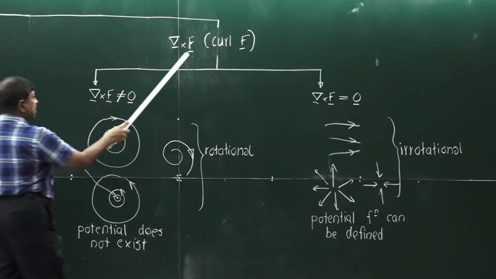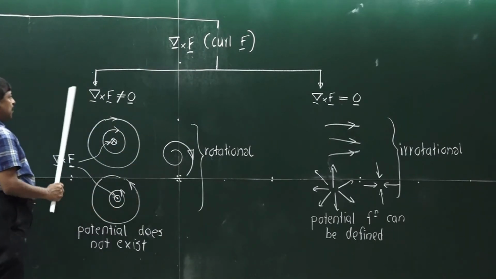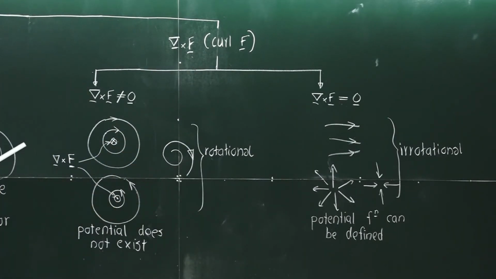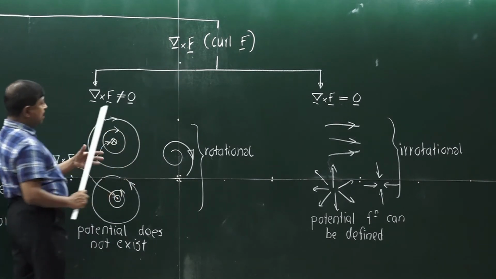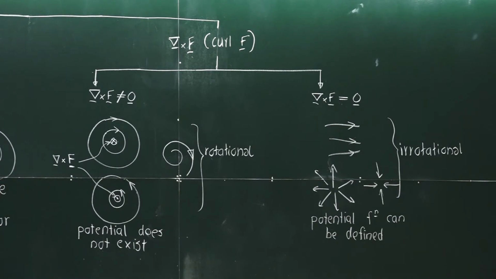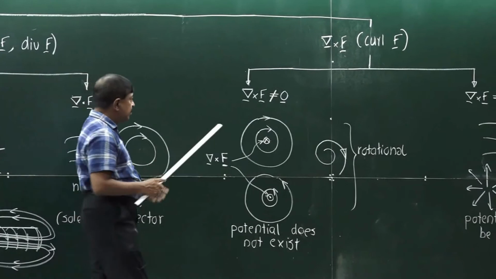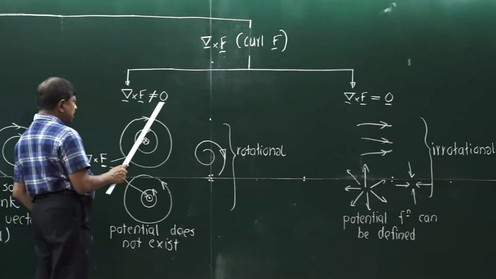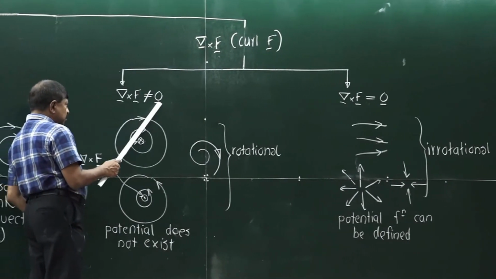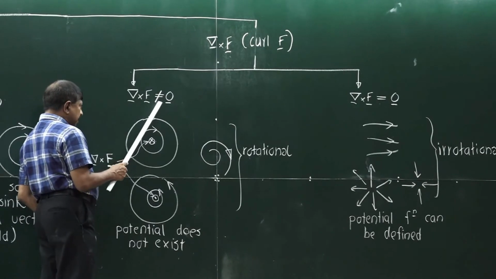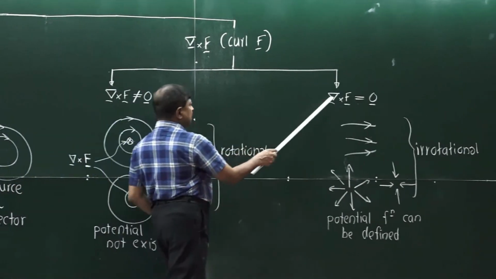So, this has that same meaning. Now, curl F is a vector, of course, because you get curl F as a result of a cross product. Since a cross product is a vector, the result may be a vector with some magnitude, or you can get a null vector.